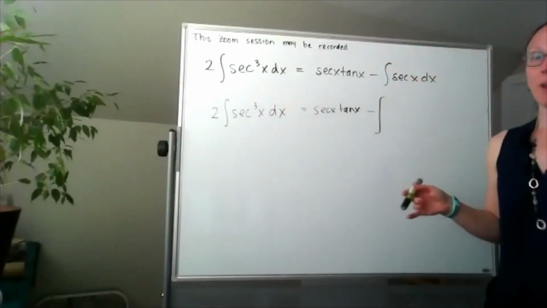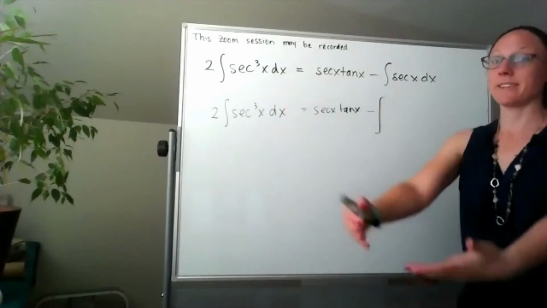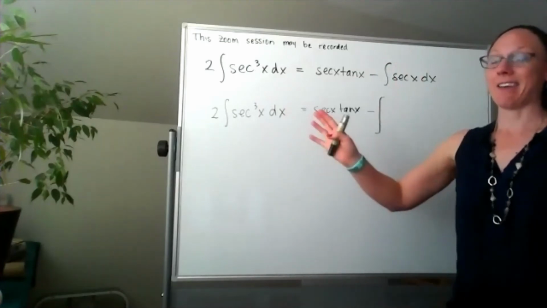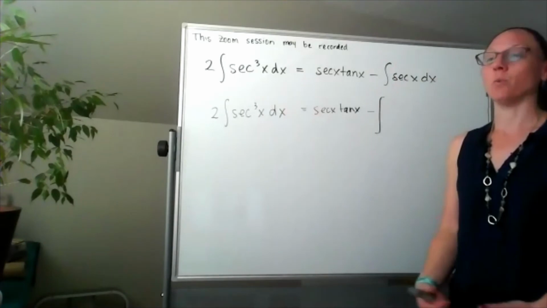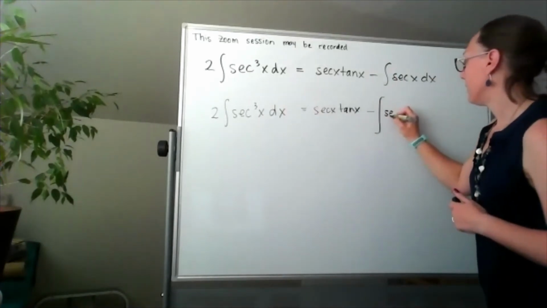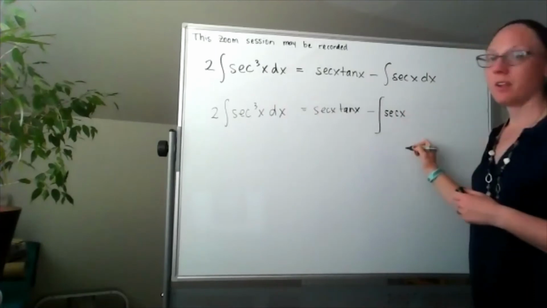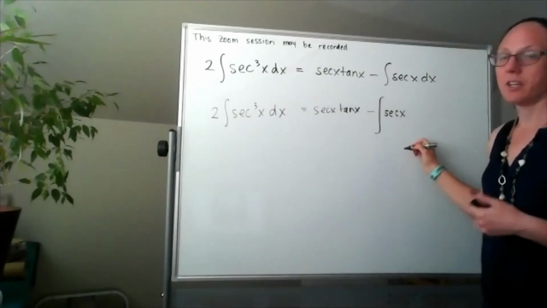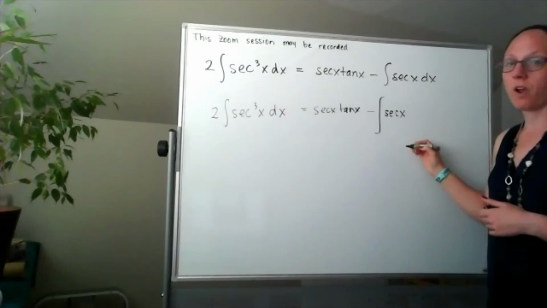Some very clever mathematician a long time ago stared at secant of x and said, hey, I've got it. I know how we can integrate it. We just have to multiply by 1. Cleverly. And that clever multiplication by 1 looks like this.